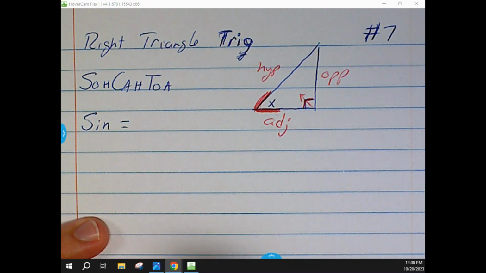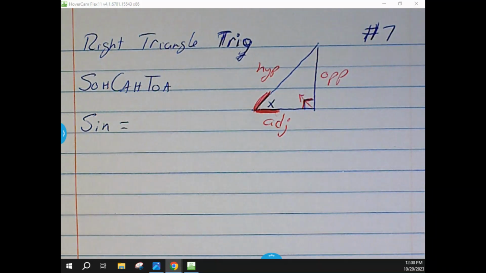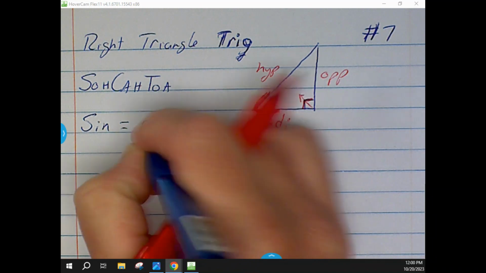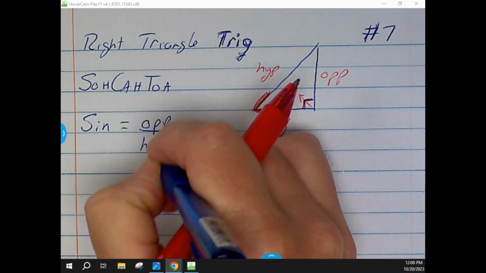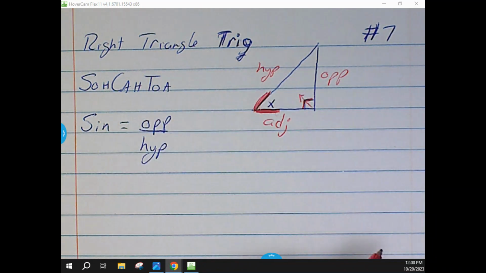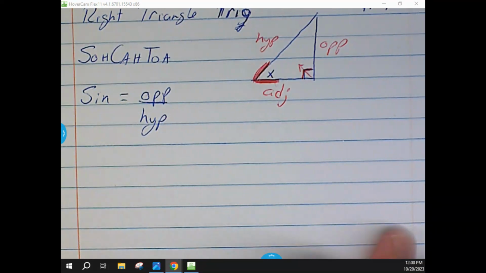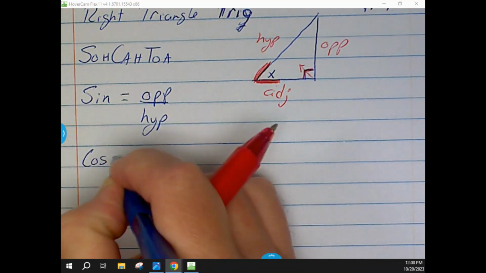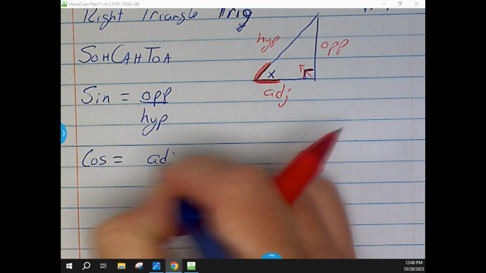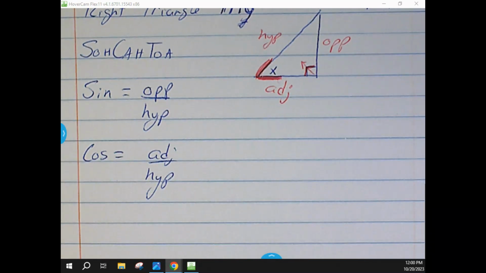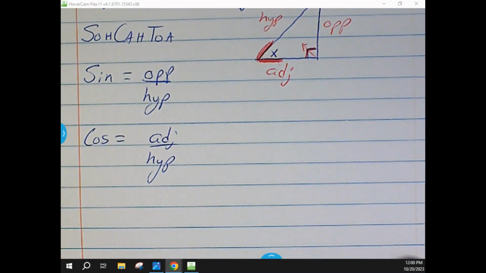Okay. So when we talk about sine and cosine and tangent, sine is going to be the opposite over the hypotenuse. Cosine is the adjacent over the hypotenuse. Just going to write them down.